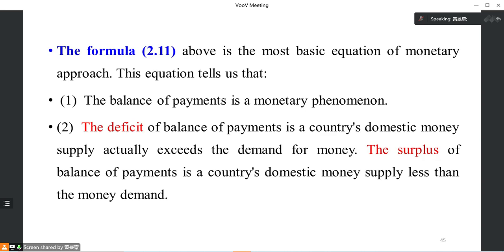So we should understand the meaning of the monetary approach.